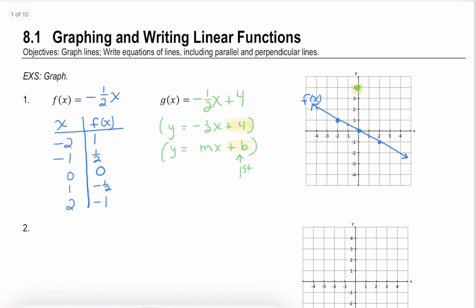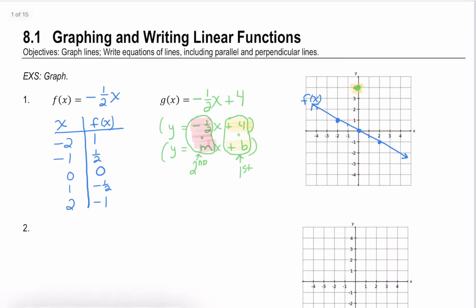And then the second thing that we are going to do, so our second step here, is to use the fact that the slope is equal to this negative 1/2. And so that means we go up or down the numerator, and then right the denominator is typically what we would do. It's a rise over run ratio.